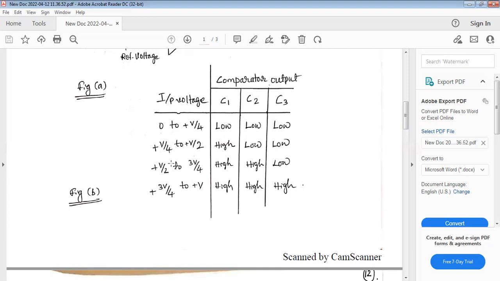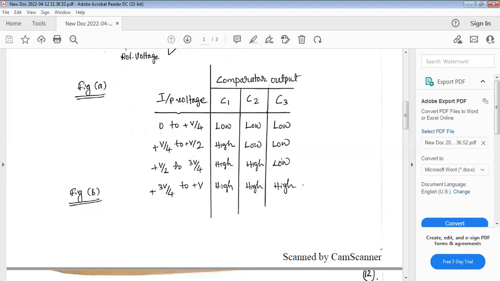And next, when the voltage level is between plus V by 2 to 3V by 4, then two comparators will be in on condition. That means C1 and C2 will be on, whereas comparator 3 will be in a low condition or off condition.